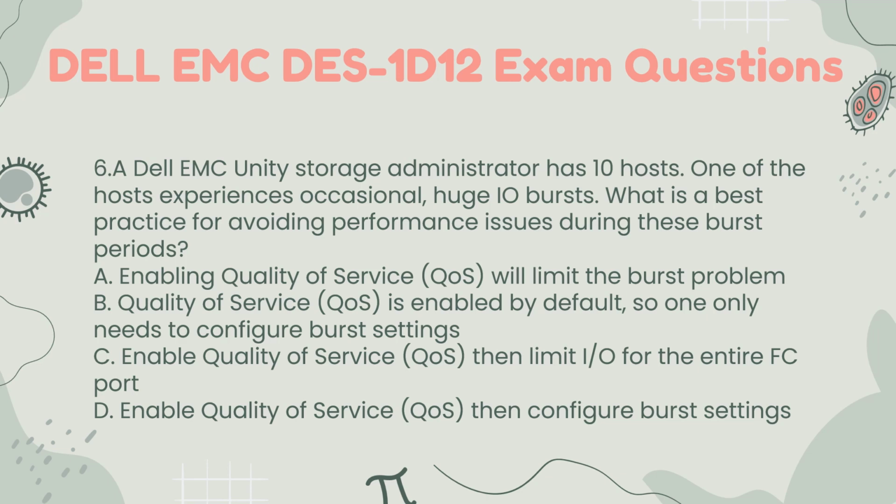B. QoS is enabled by default, so one only needs to configure burst settings. C. Enable QoS, then limit I/O for the entire FC port. D. Enable QoS, then configure burst settings.